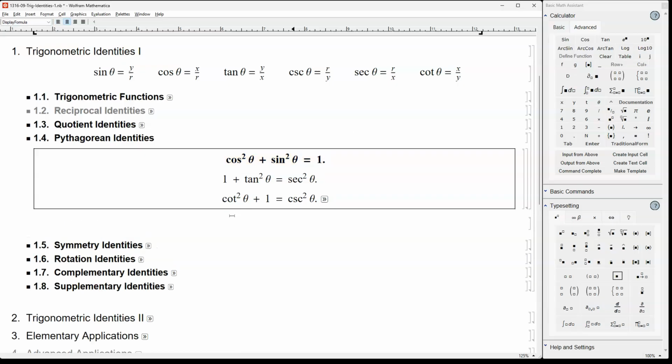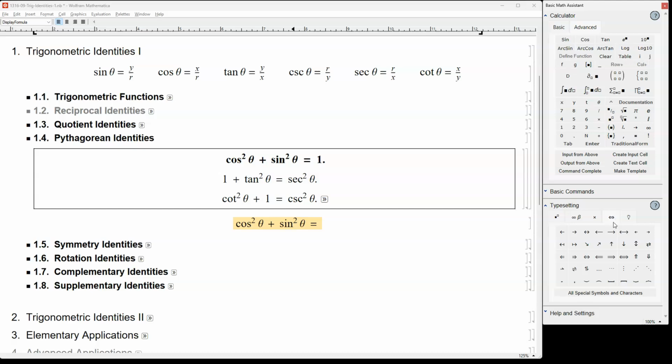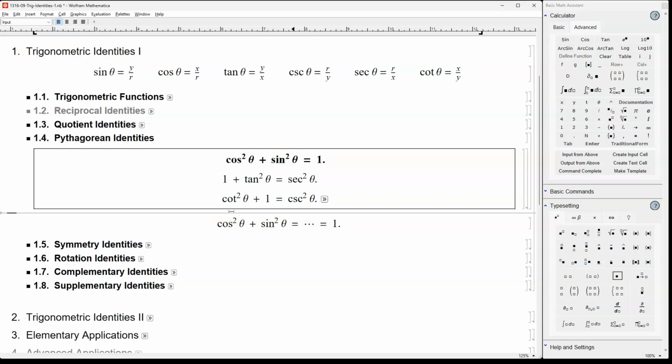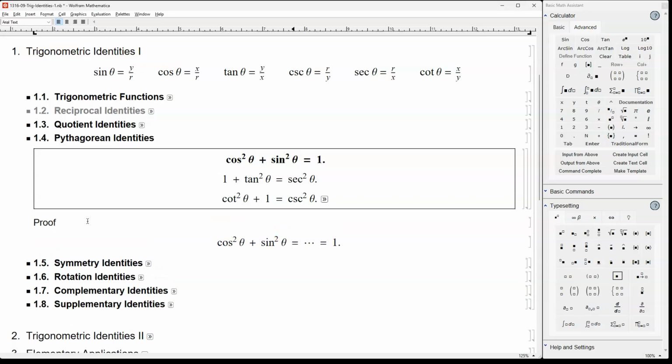Why is that? Well, basically, this is what you have to do. Work it out. Eventually, this is what you want. Alright, what is the definition of cosine?